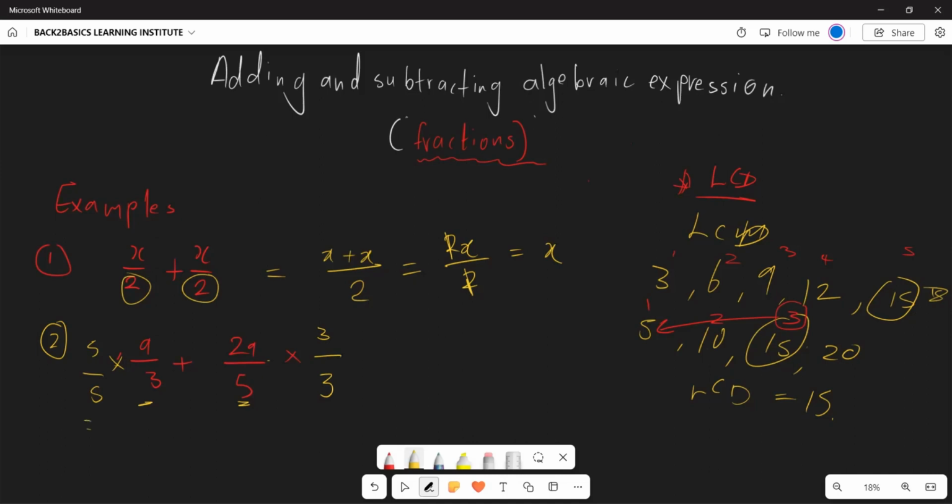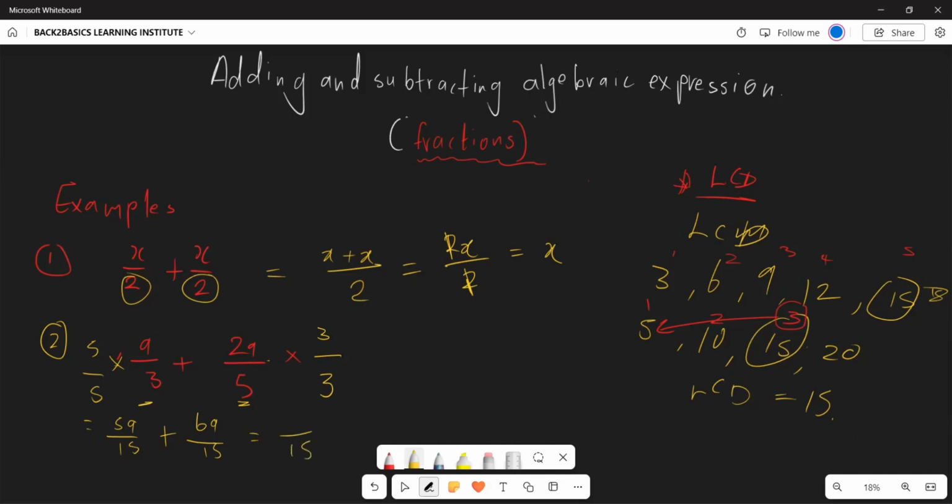So this is going to be 5 multiplied by a, which is 5a over 15, plus this other one, which is going to be 2a multiplied by 3. This is going to give you 6a over also 15. Now that the denominators are the same, you can write it as one denominator.